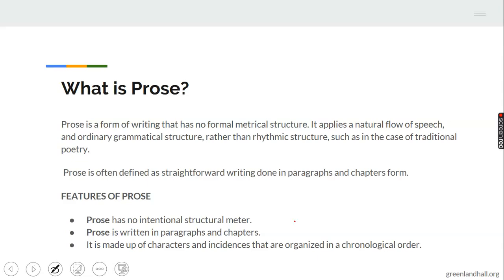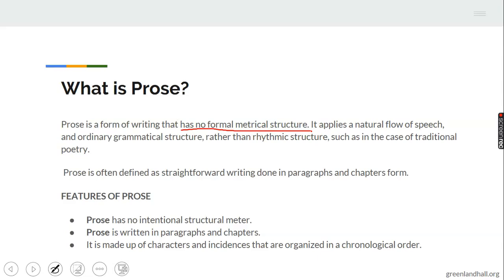Yes, prose. We all know we have 3 genres of literature. We have prose, drama, and poetry. Today we are picking prose. And this is that part of literature that has no formal metric structure.